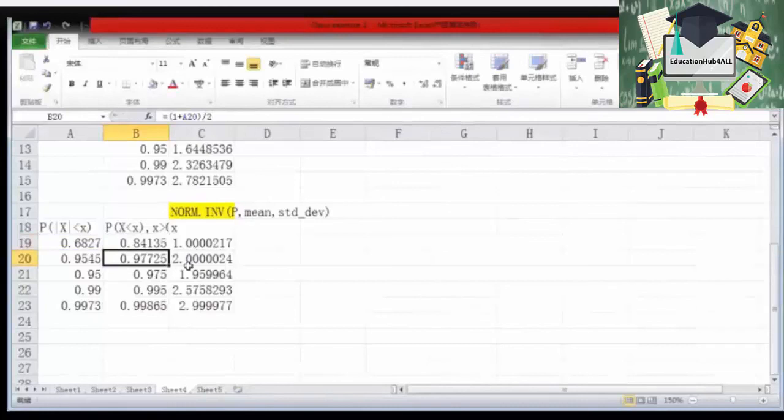Then if we use the inverse, we will find the value of A.